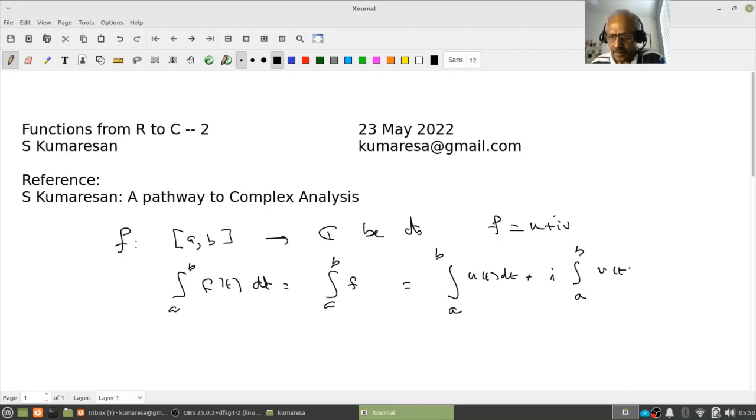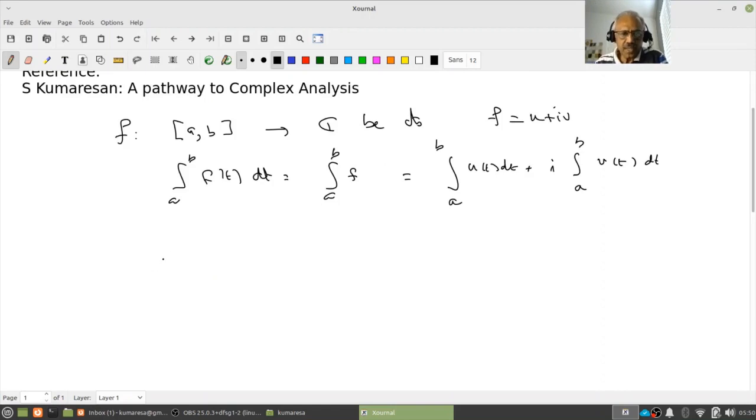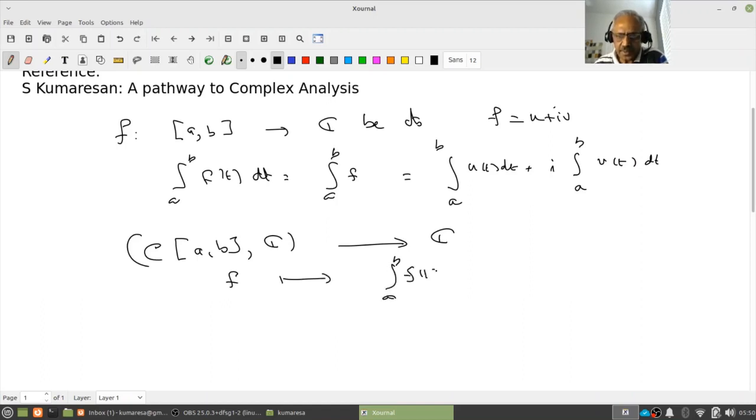And what we found is, if I look at all continuous functions on the interval [a, b] taking values in C, and look at this map, f going into the integral from a to b of f(t) dt, this is a complex vector space over C, and this map is a complex linear map.